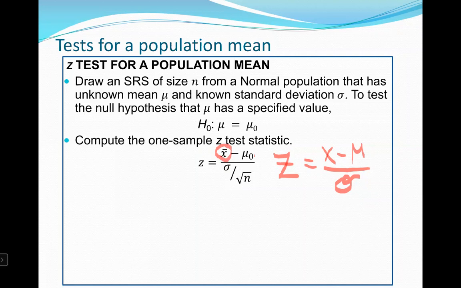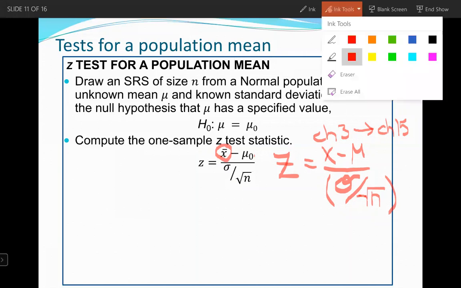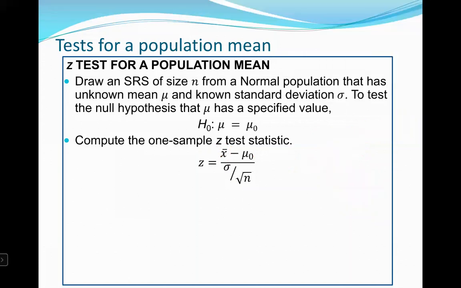So we're using our chapter 3, which led us to chapter 15, where we then had to start dividing our sigma itself by root n. And now x is our observable x bar and mu is mu naught.